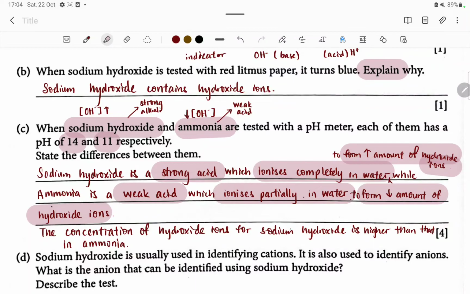And then concentration of hydroxide ions. Whenever you mention this, you will get 1 mark. And then you say that sodium hydroxide is higher than the other one. The other mark. So this one, 4 marks. Actually, you can get up to 6 marks. Yeah. So because I just realized that these two, actually 1 mark. So 6 marks in total. Okay.